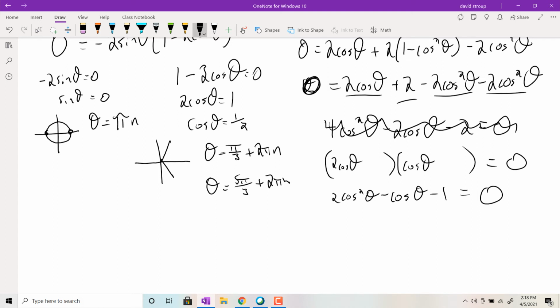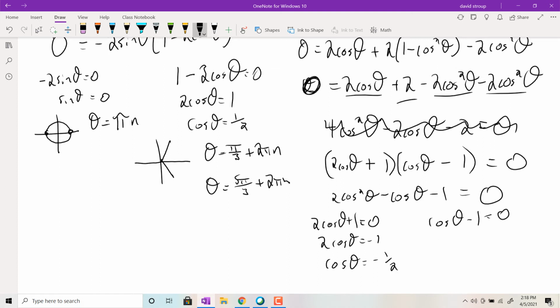These both have to be 1s. We want the bigger one to be negative, so minus there, and then plus here. And then you set each part equal to 0. So 2 cosine theta plus 1 is 0, and cosine theta minus 1 is 0. So 2 cosine theta equals negative 1. So cosine theta is negative 1/2, or cosine theta equals positive 1.